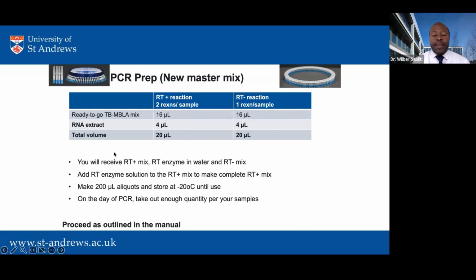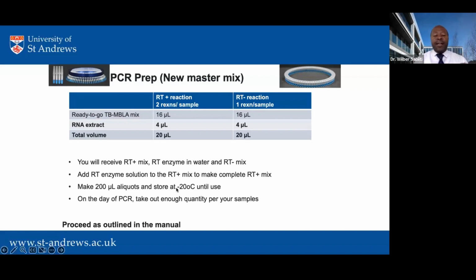So what we normally advise the users of our kit is that they will receive the RT positive, the reverse transcriptase positive mix, and the RT enzyme that is in water, and what they're required to do is to mix the two and then make a complete mix for the reverse transcriptase positive reaction. And then the reverse transcriptase negative mix is supplied separately.